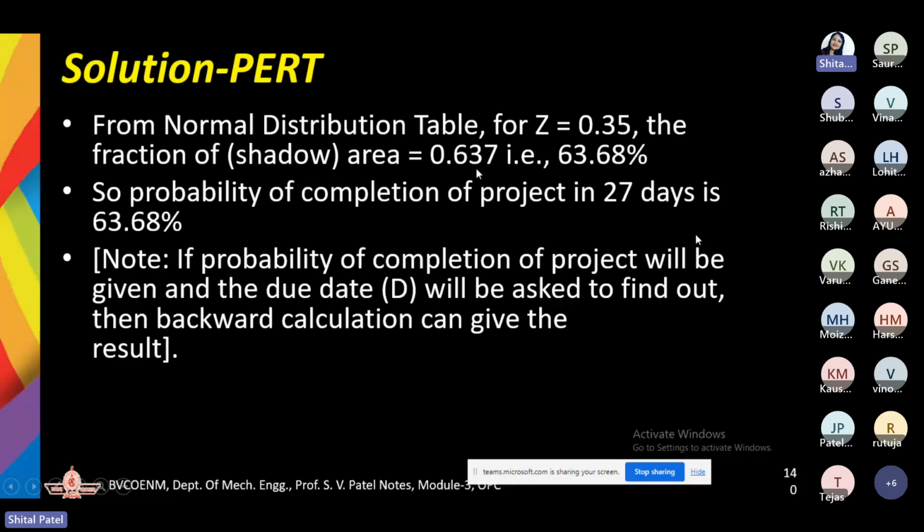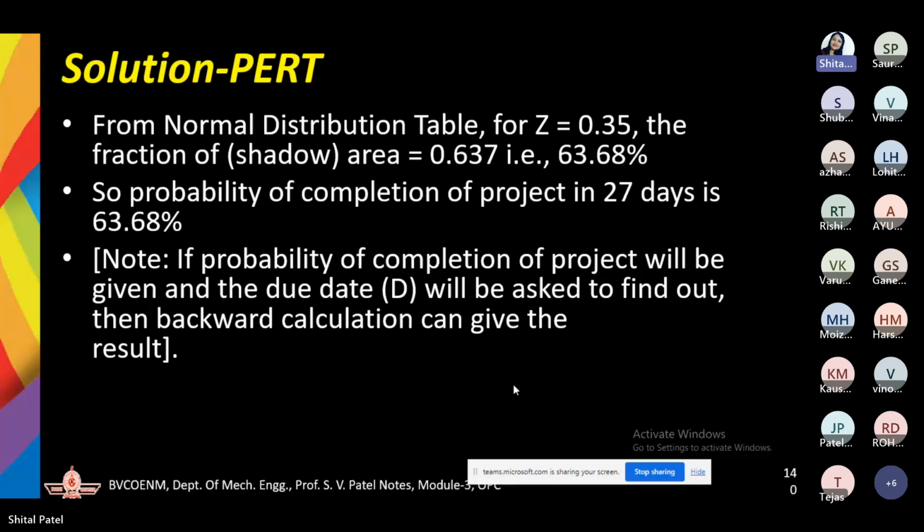So you will be getting your probability in terms of a percentage. So your probability of getting your project completed in 27 days is 63.68%. Am I clear? Yes, ma'am. Okay.